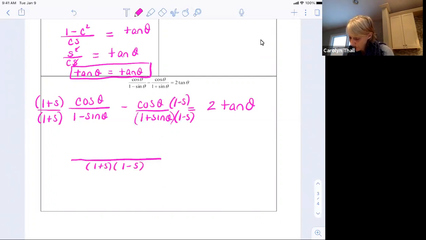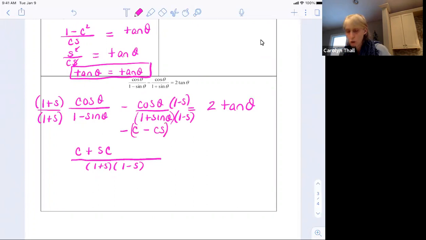In the numerator, cosine plus cosine times sine. Now here, I'm going to subtract what I get. So I have cosine plus sine cosine, and I'm going to subtract cosine minus cosine sine.